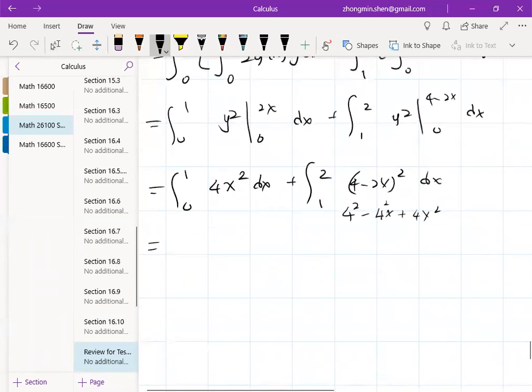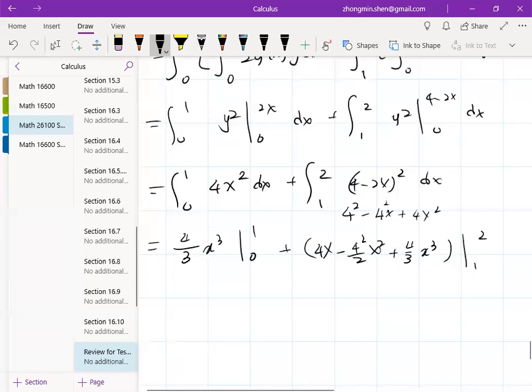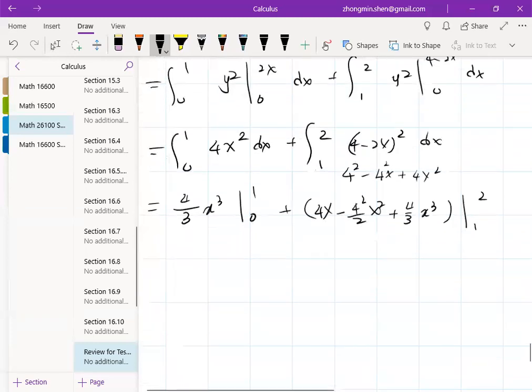So that is going to be 4 over 3 x cubed from 0 to 1, and this will be 16x minus 8x squared plus 4 over 3 x cubed, from 1 to 2. Then you get the answer.